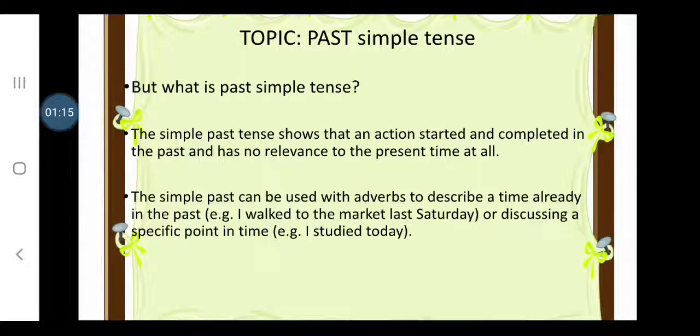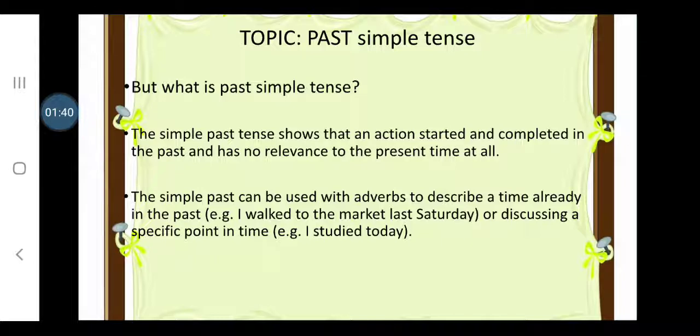Whatever it was that started has been completed, nothing left behind. Let's say you plan to go to McDonald's and buy chicken wings. You left this morning, you went to McDonald's, you bought the chicken wings, and you came back. The action is completed already. And so for you to talk about this, you need to express yourself in the past tense.